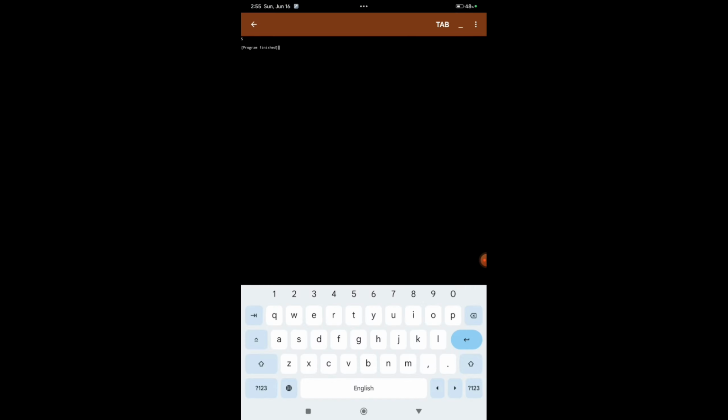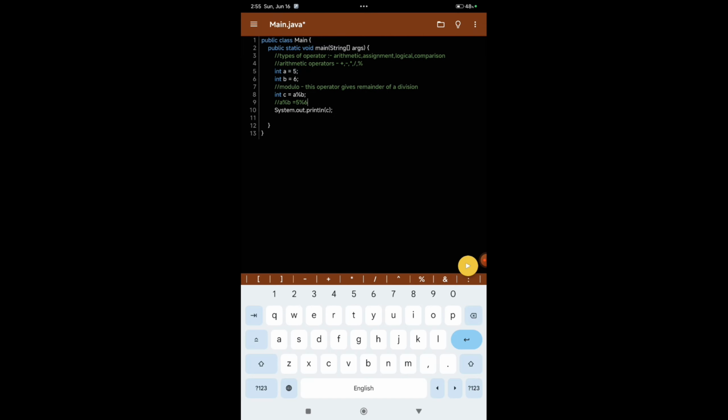Now let's understand why 5 is printed. I was wrong. Why was 5 printed? Let's say 5 is an integer and it is divided by 6.